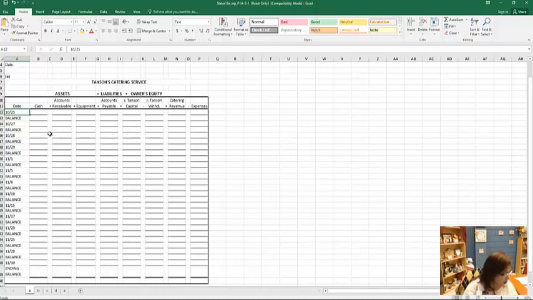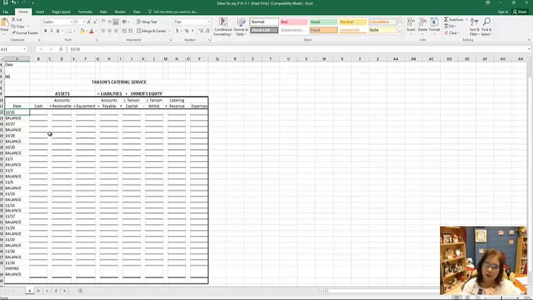On the 25th, notice what it says: James Tanson invested $20,000 in the catering business from his personal savings account. He took money out of his personal account and started his own account. We're going to think about which accounts we're going to be using.